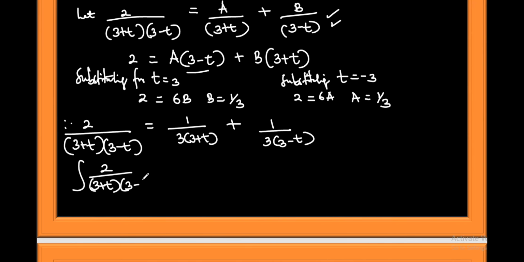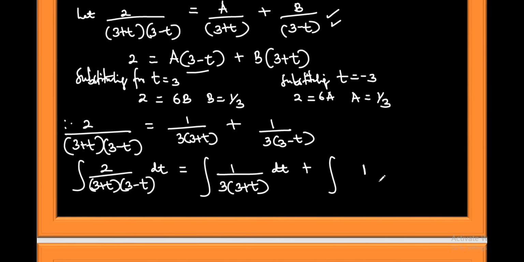Then now the integral of 2 divided by 3 plus t into brackets 3 minus t with respect to t becomes the integral of each of these. That will be 1 over 3, but the 3 is multiplied by 3 plus t with respect to t, plus another integral of 1 out of 3 into brackets 3 minus t with respect to t.